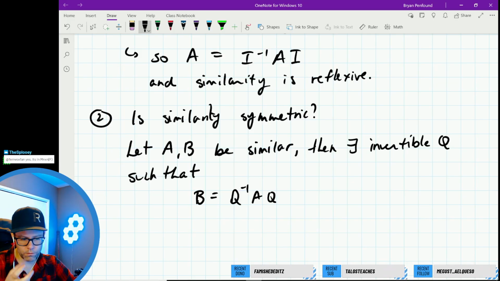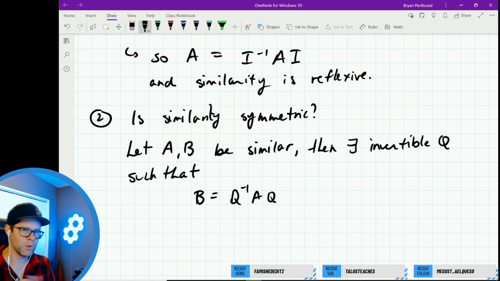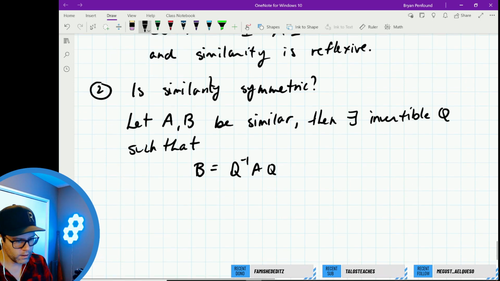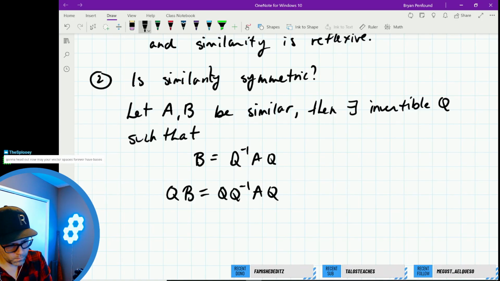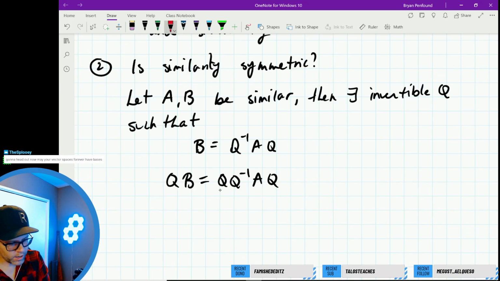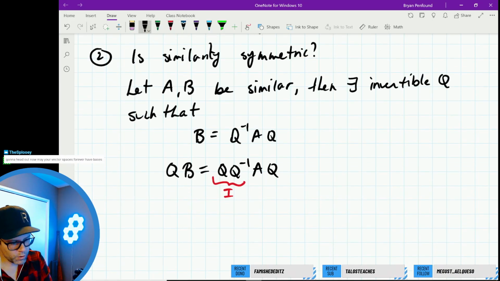To think about whether A would be similar to B, we want to do some manipulation to solve for A, to isolate A on the right-hand side. The first thing we can do is multiply both sides by Q. That should give us the identity matrix here, which we won't write down. So basically we have that QB should be equivalent to AQ.